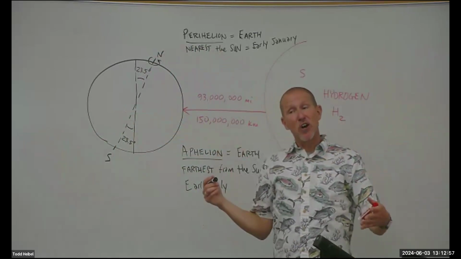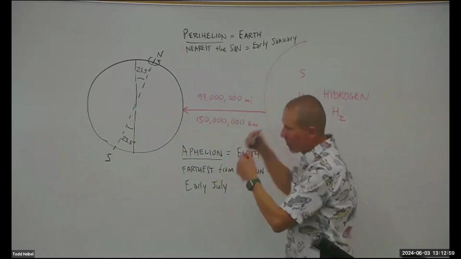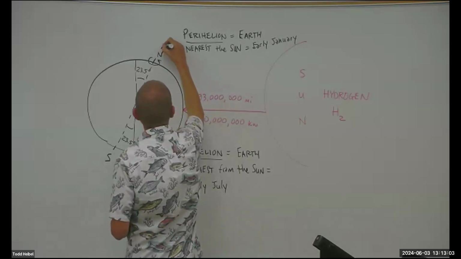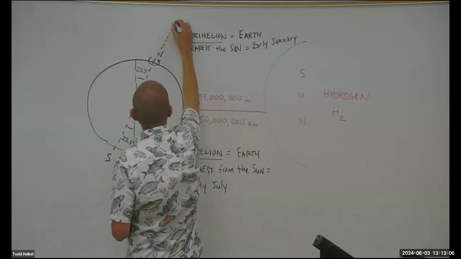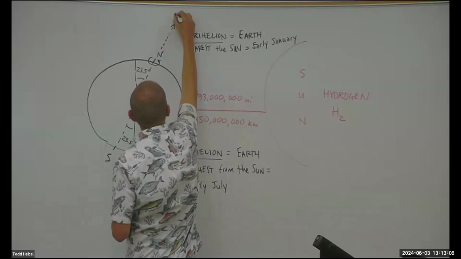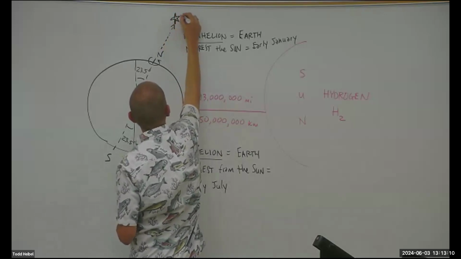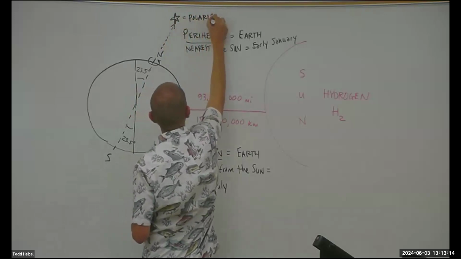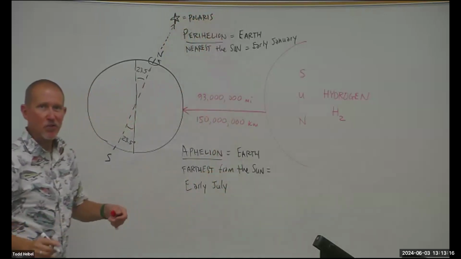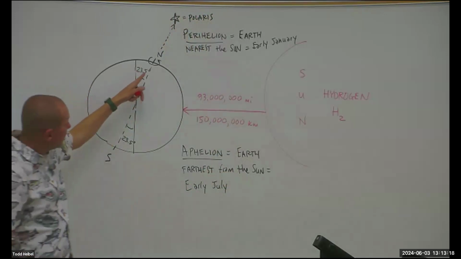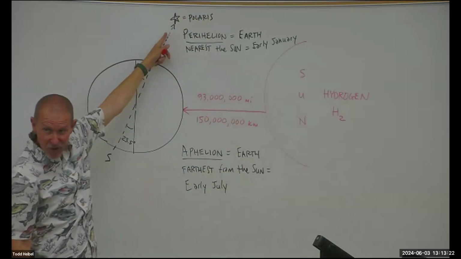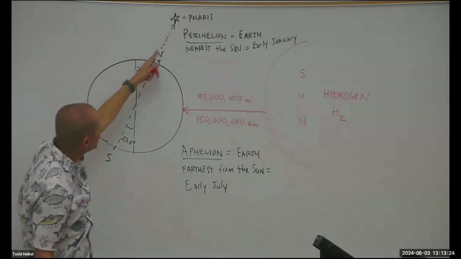Then another star to be aware of, other than our sun as well, is what we call Polaris. If we connect a straight line with the North Pole, it would connect with the North Star that we call Polaris. I don't know how many light years away Polaris is, several light years away.